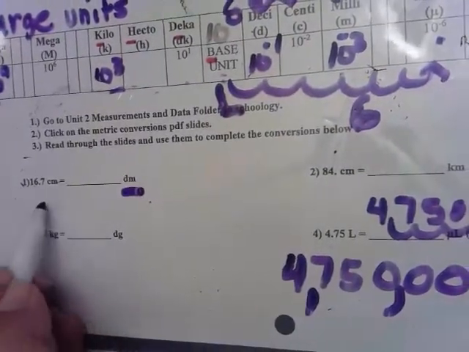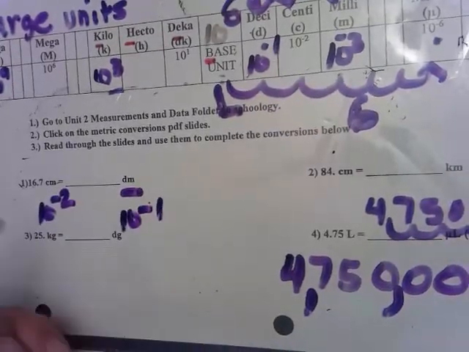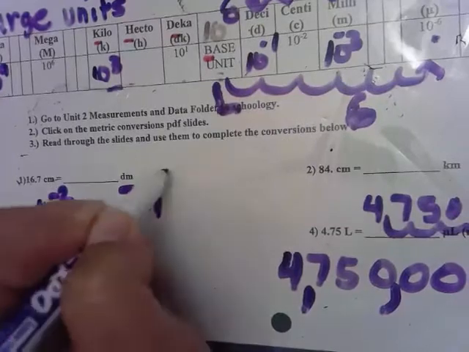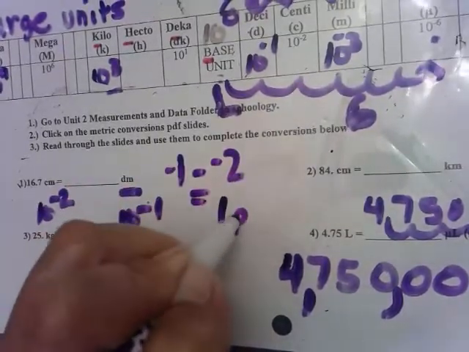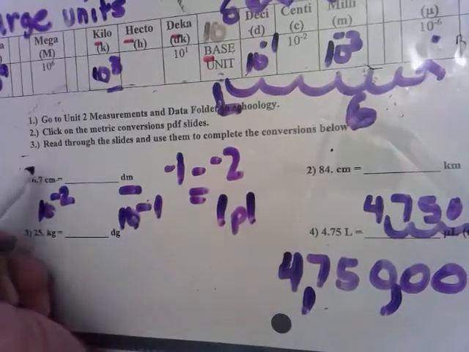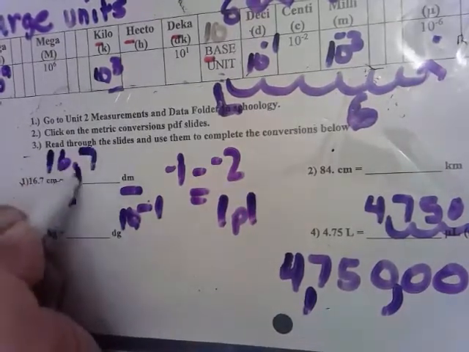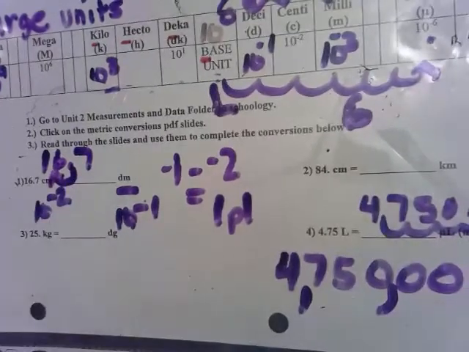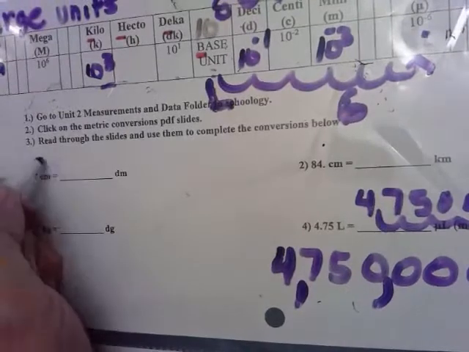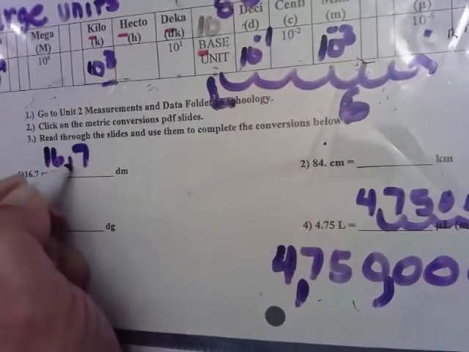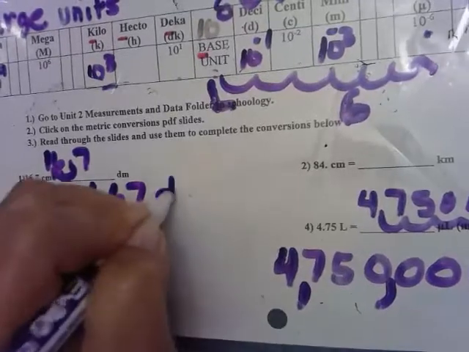And since this is 10 to the minus 2, 10 to the minus 1, you're going to be doing the bigger minus the smaller, minus 1 minus minus 2. That's 1 place, and you move the decimal point over 1 place on 16.7, and you get 1.67 like I showed you earlier.